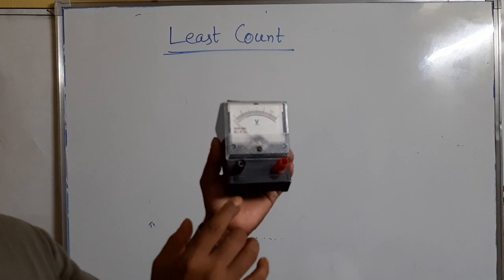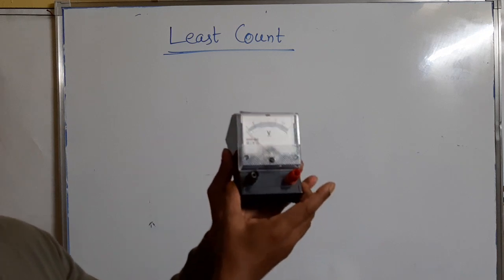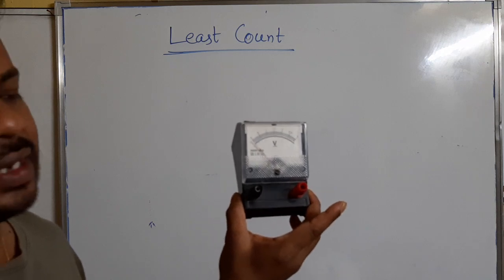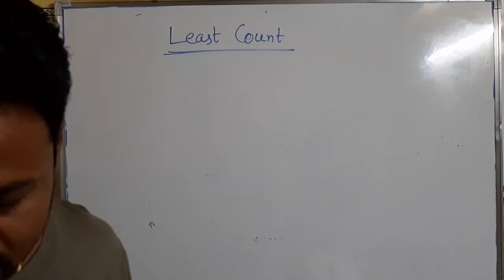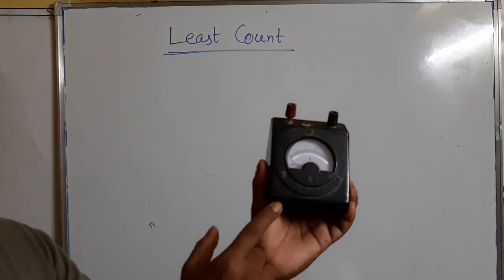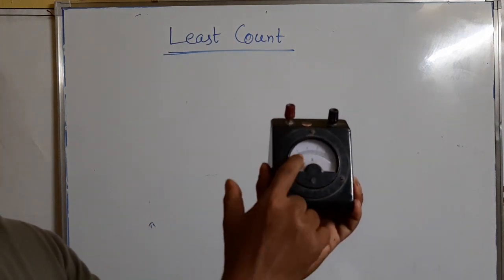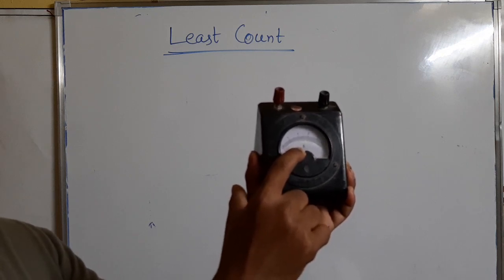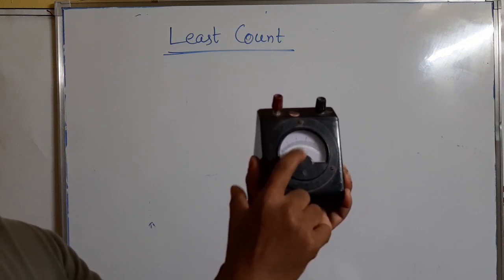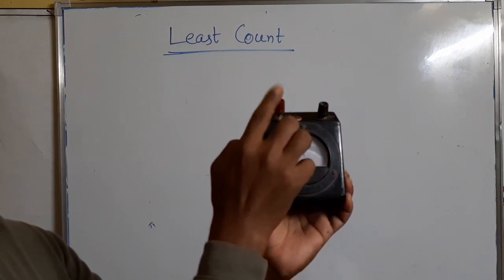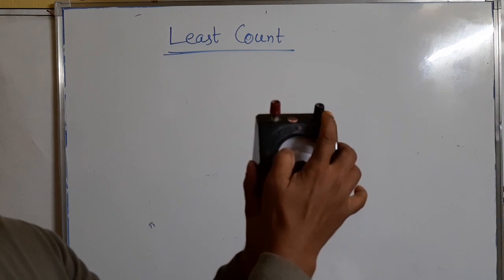I'll show you the different instruments. This is the voltmeter, which is used to measure the potential difference in a circuit. Another instrument here is the ammeter, and A represents ammeter. It also has two ends, one red, another black.